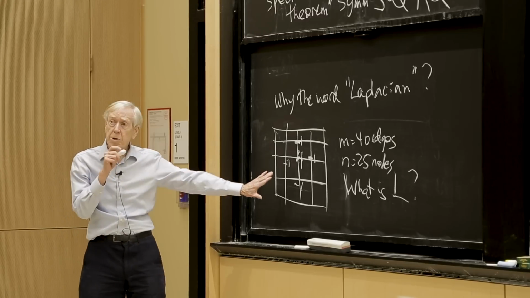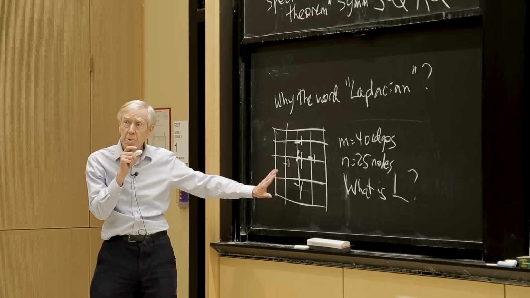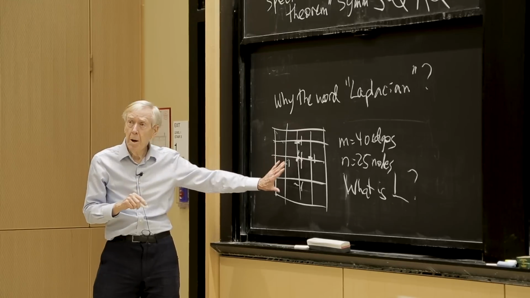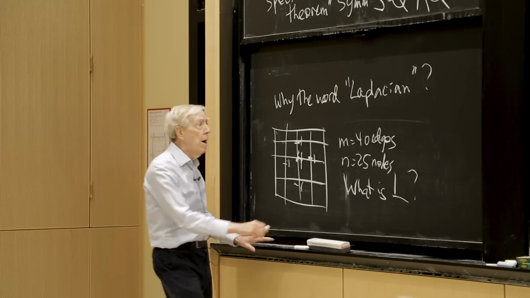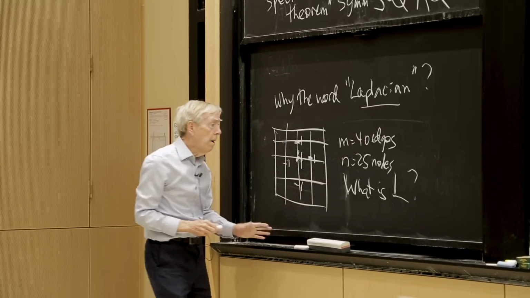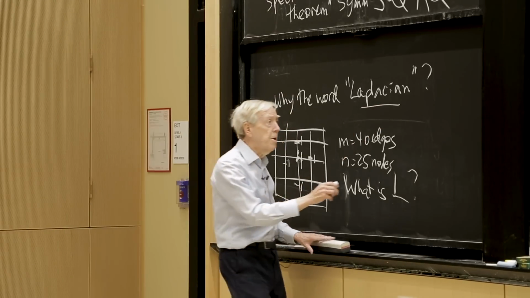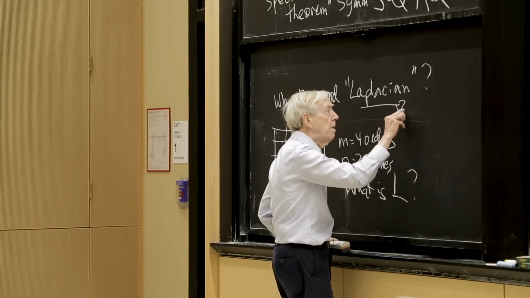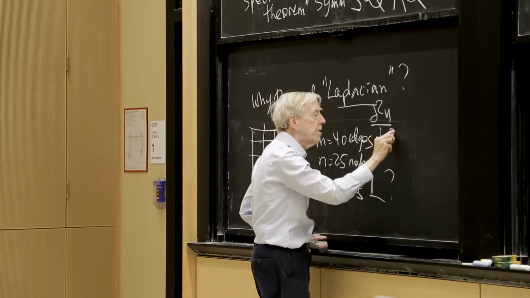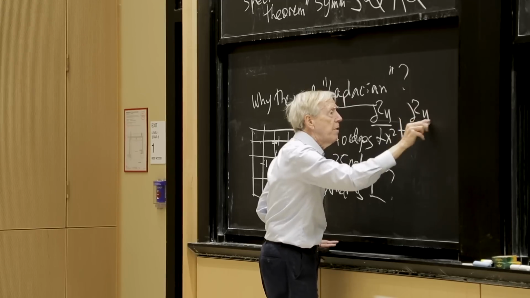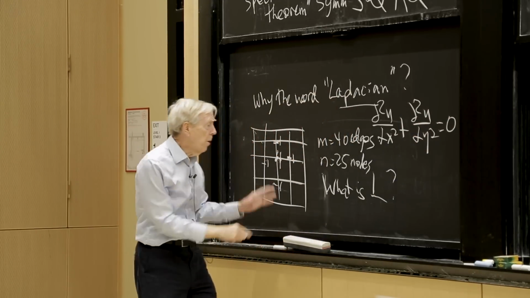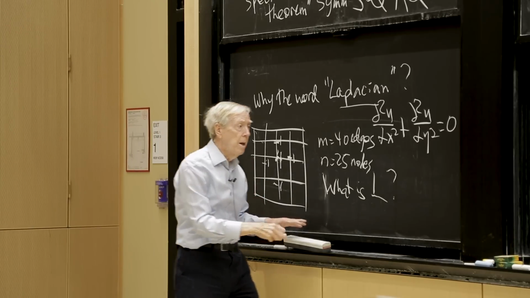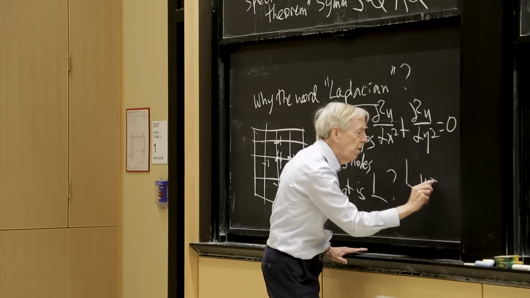And do you associate that with Laplace's equation? This is the reason why Laplace gets in it, because Laplace's equation, the differential equation, is the second derivative with respect to x squared plus the second derivative with respect to y squared is 0. And what we have here is LU equals 0.